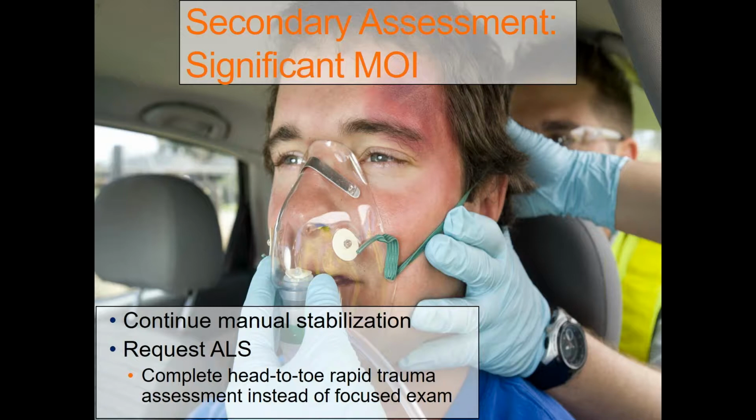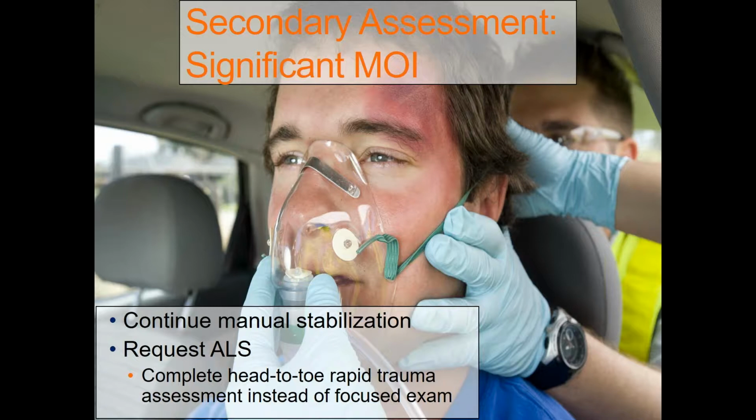No. So what this rapid trauma exam is really meant to do is find all the areas on the body that are injured. Unless we find something that got overlooked during our primary assessment and may likely kill our patient, we don't fix it during this rapid trauma. This rapid trauma is just that.